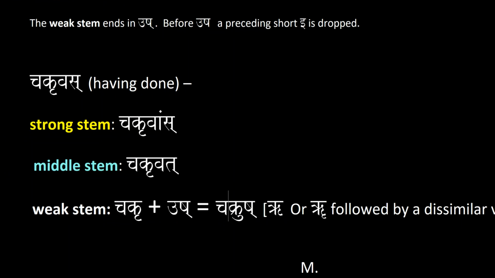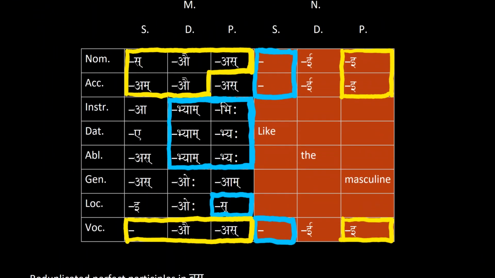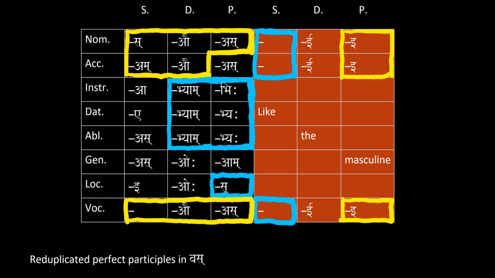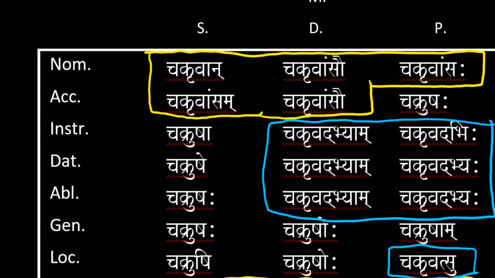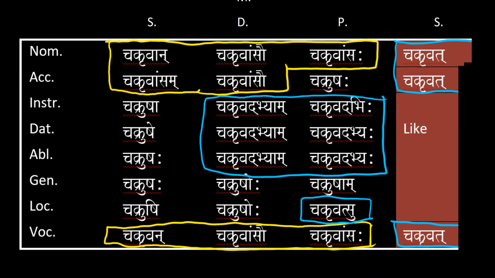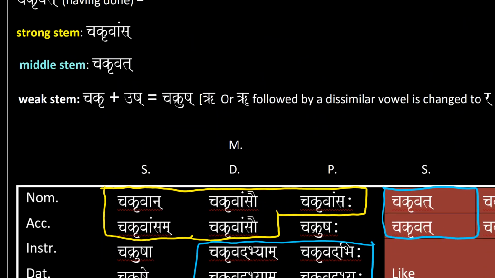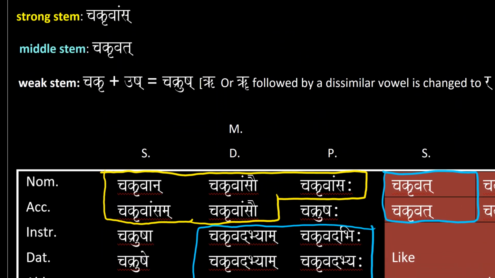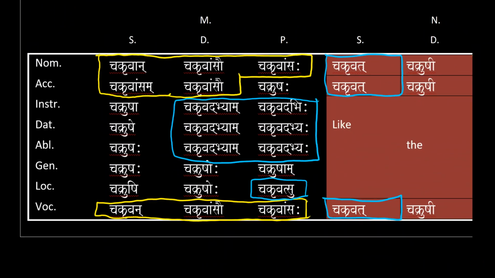After you form the strong stem, the middle stem, and then the weak stem, then you can add your case endings to them that we learned in the previous video. So here we go. Again, I color coded these stems for you so that you can identify them more easily.